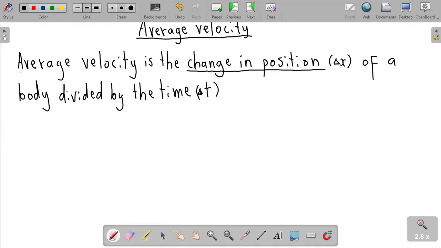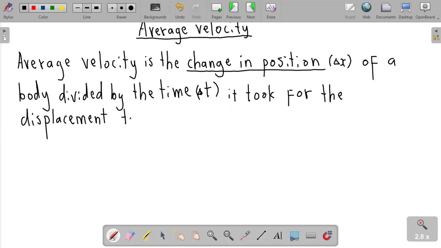So it's divided by the time t it took for the displacement to occur.